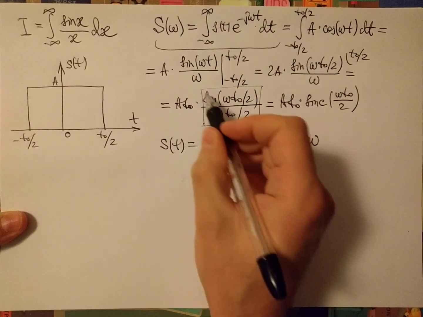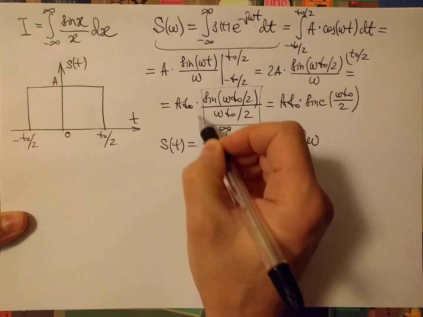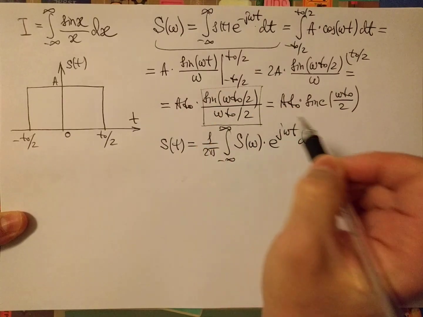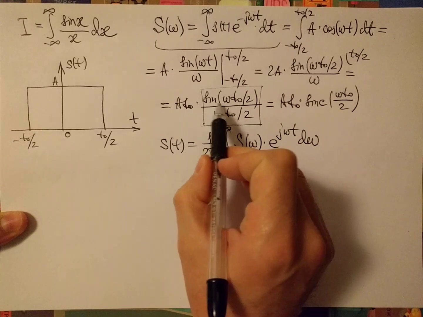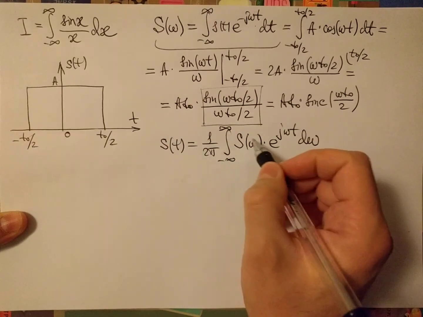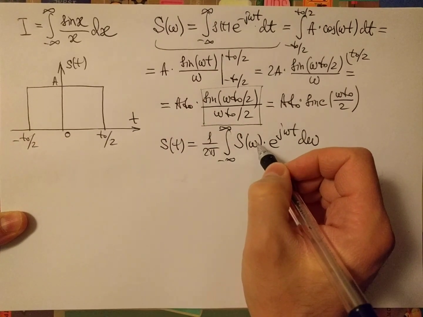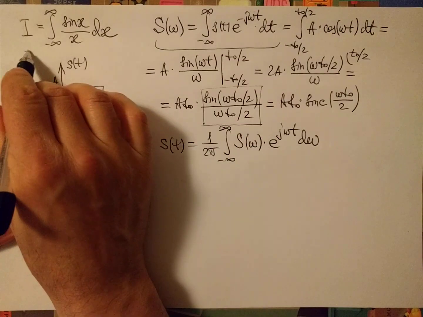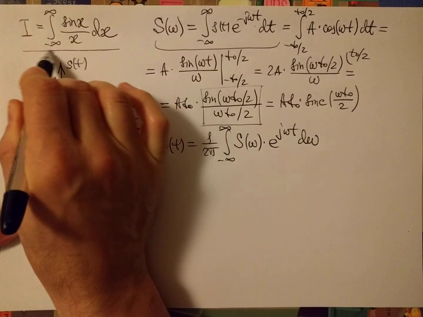I think it's already clear why I have done this manipulation, because when I took this expression and put it inside this integral, I get something that looks very similar to this.